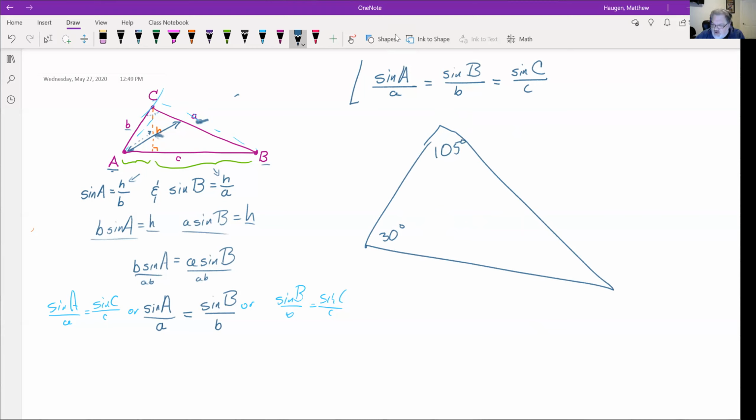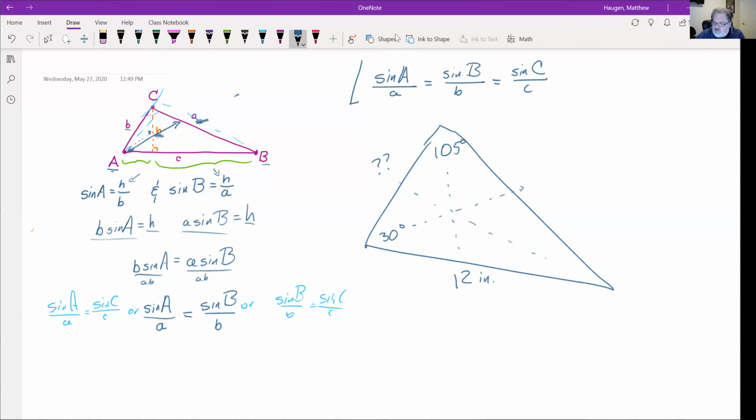Well, if we know one of the sides, let's say we know this side was 12 units, I'm going to say 12 inches, and we wanted to figure out this other side, again, we can use this tool. We know opposite pairs, their ratios are going to be the same no matter what.